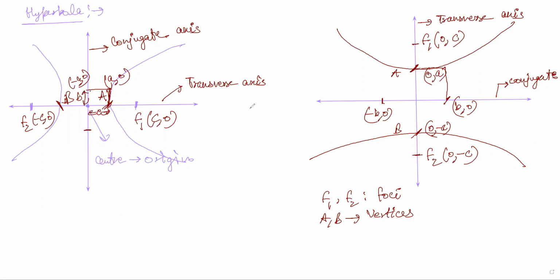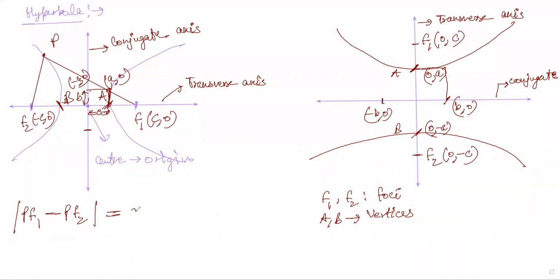Now, what is the concept of hyperbola? So let's call any point P. Now, if I take the distance of PF1 and PF2 and find out their difference. Let's understand this. PF1 is a greater distance, PF2 is a shorter distance. We have to take the difference between the distances.